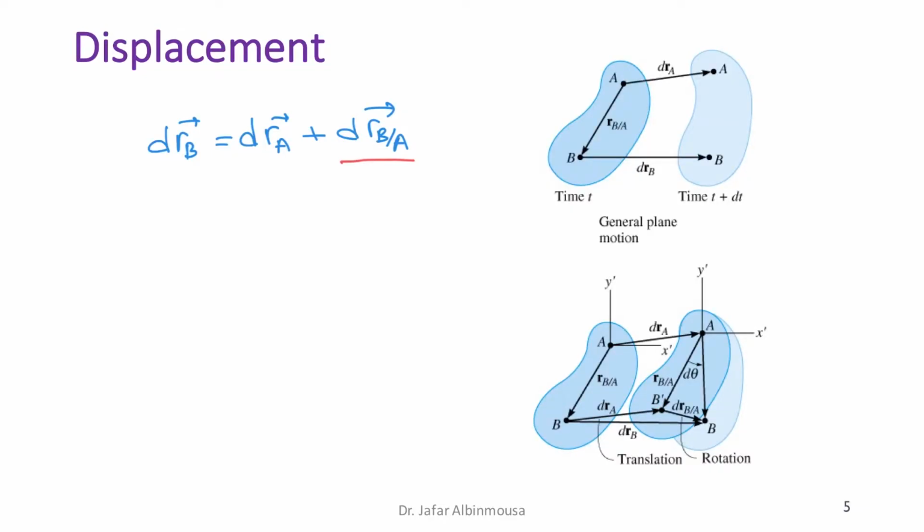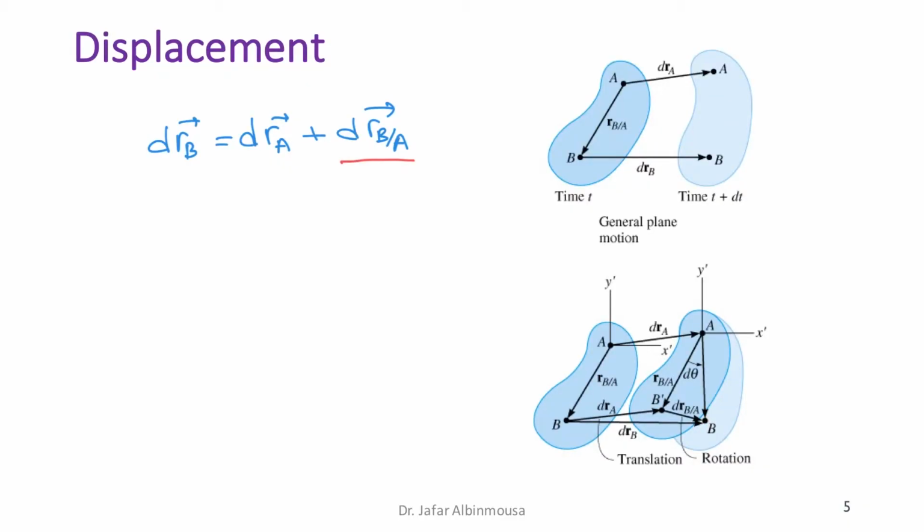The next motion is going to be assumed as rotation about point A. So the body just moved to here, and for that reason, the location of point B, called here P prime, is going to move to here.